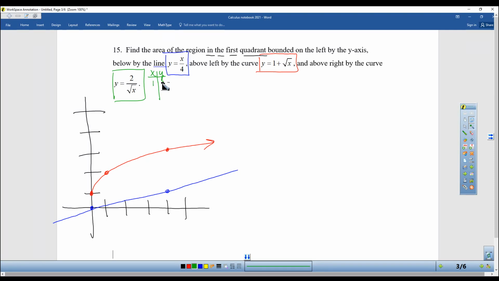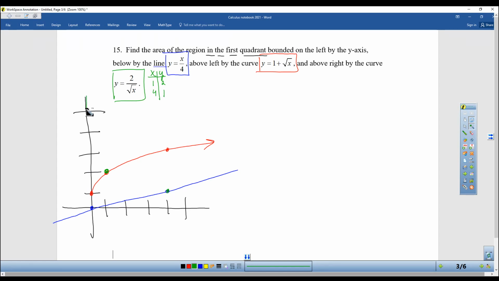I know at 1 it's 2. Well, that's good. There's a matching point. I know that I'm not going to do 2 because I don't know the square root of 2. I know that at 4 it's 1.